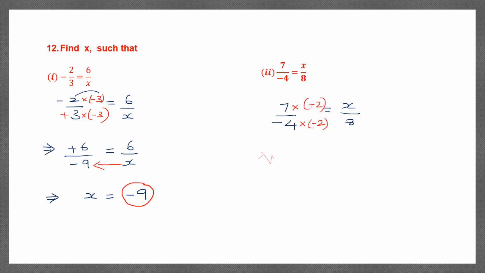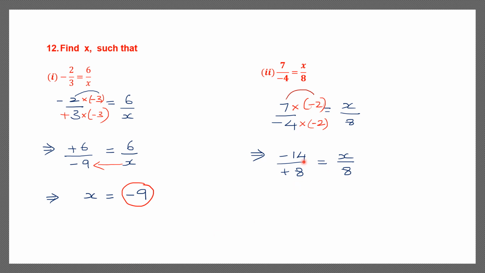So what do we get when we do this? Remember, these are equations. So let's work this out and see what we get. 7 into minus 2. We're multiplying these two here, isn't it? So the sign is minus. 7 2s are 14. Denominator, minus into minus is plus. 4 2s are 8. And on the other side, what do we have? X by 8. As you can see, 8 we've already got.